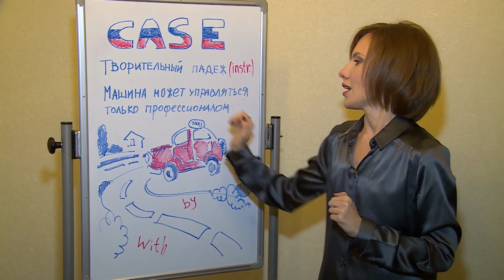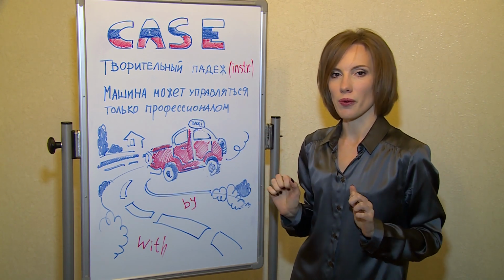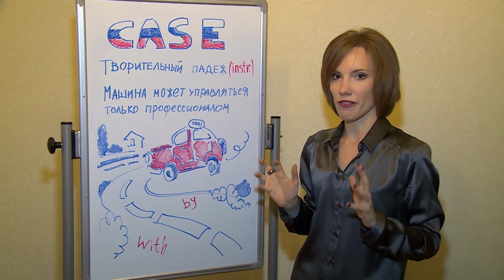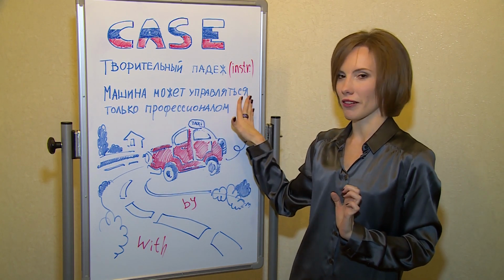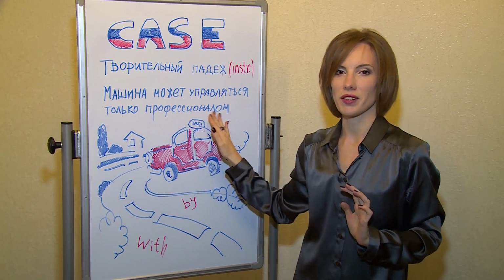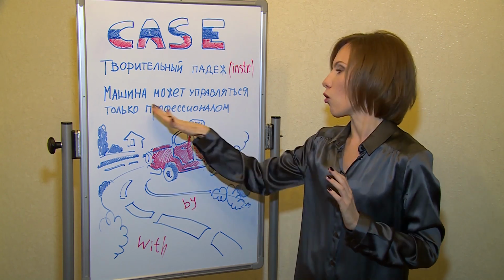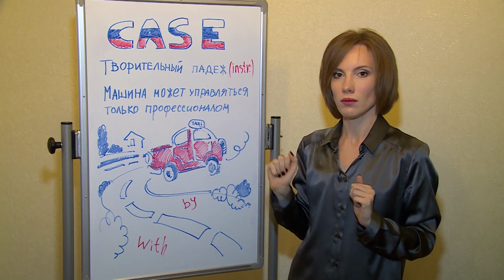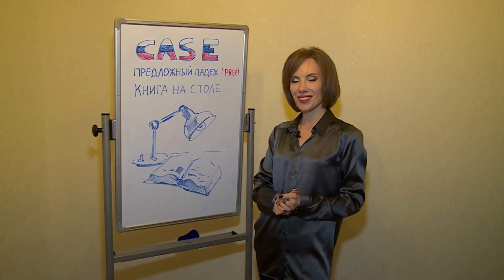Example, this machine can be operated only by a professional. Машина может управляться только профессионалом. The object профессионалом takes the instrumental case.